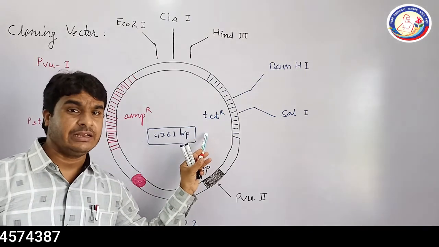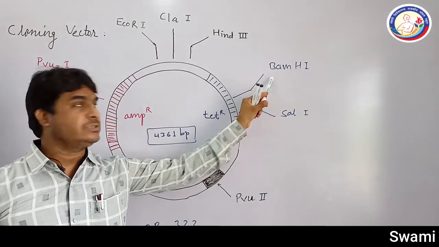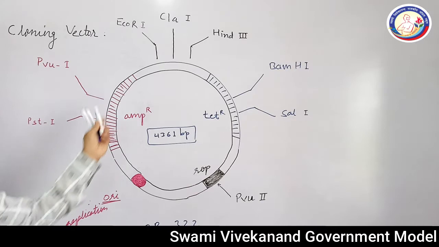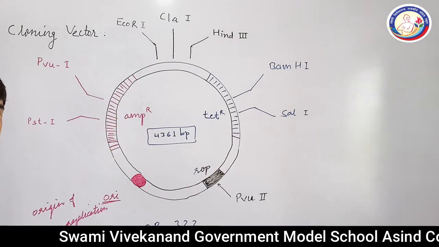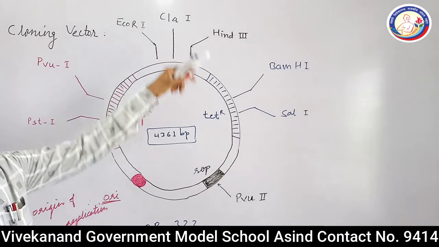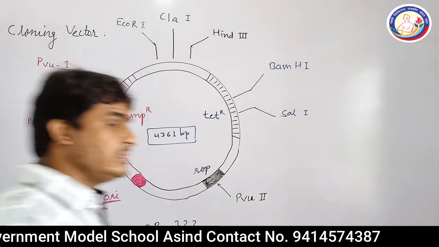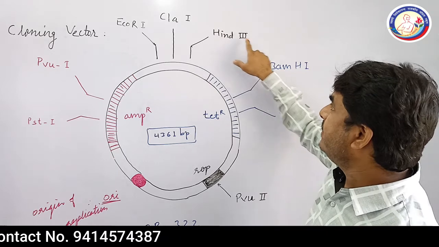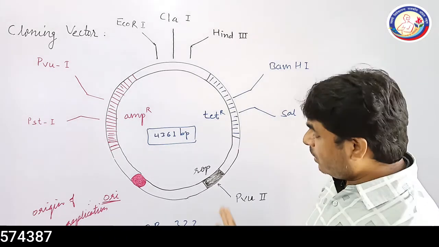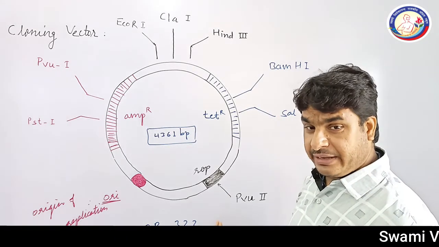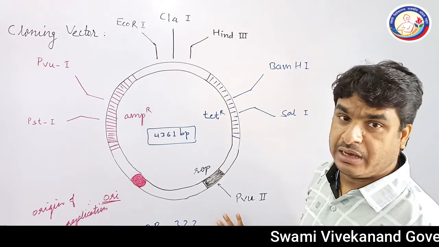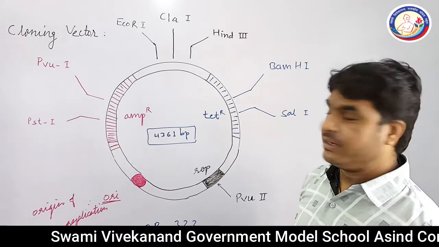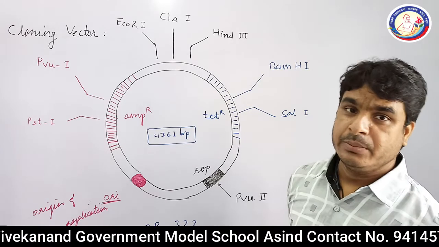Similarly, for the tetracycline resistant gene, you can see BamHI and SalI. Similarly, another part of the plasmid can also be cut with the help of different types of endonuclease enzymes, just like EcoRI, ClaI, HindIII. So we can explain the structure of pBR322 in three important parts that will be discussed in the PPTs.